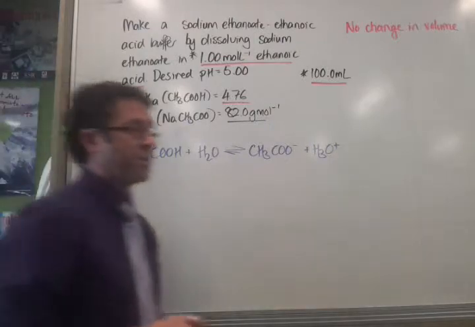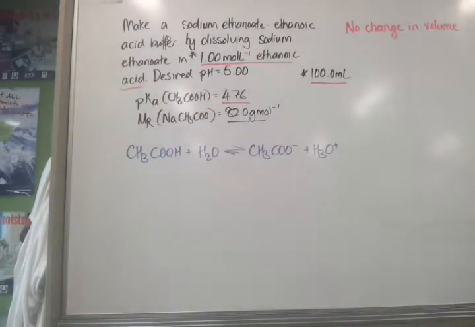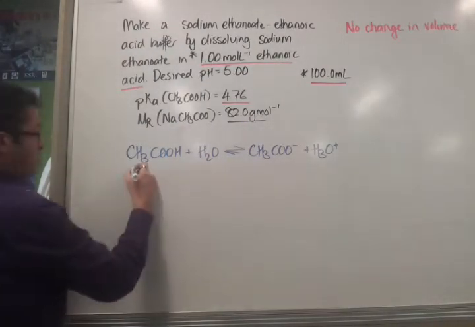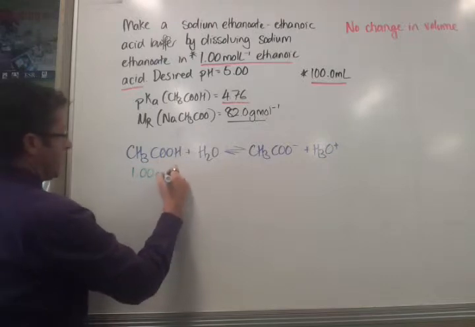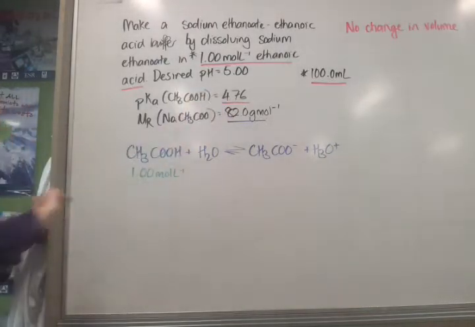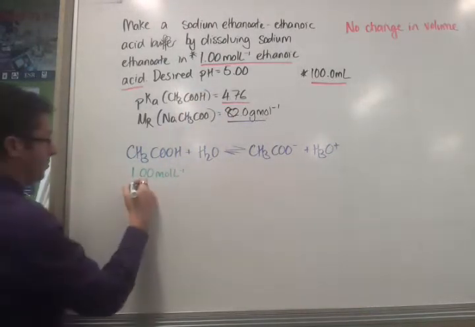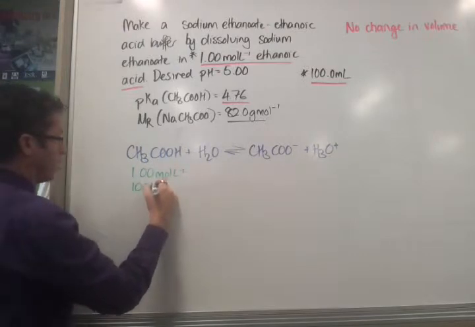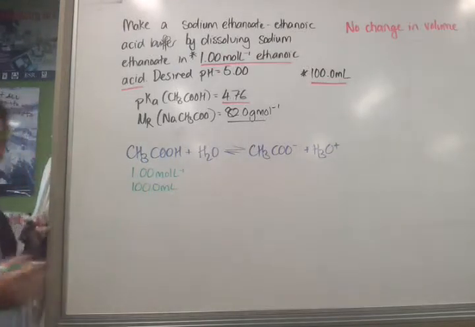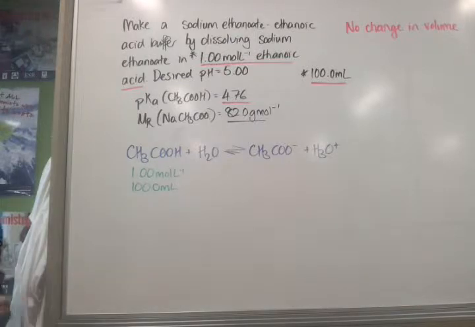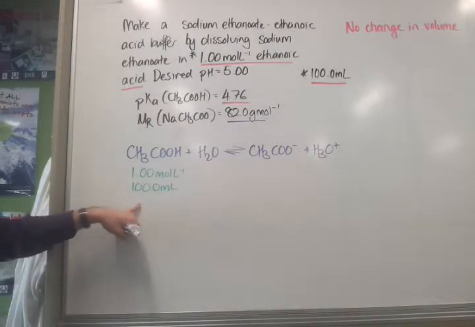So the next thing I'm going to do is I'm not going to do my Ka just yet. I'm going to write down what I know. So under my ethanoic acid, I know that it's got a concentration of 1.00 moles per litre. I'm sorry about forgetting that before, I've got 100 mils of it, or 0.100 litres, if I want to get it into the correct unit.